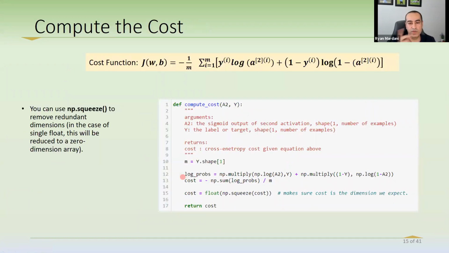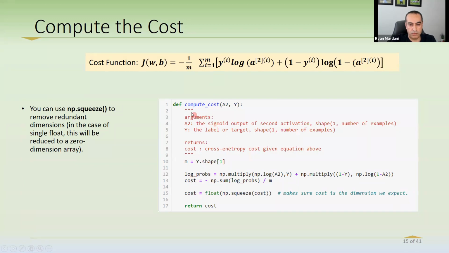After we went to the right, we need to compute the cost, because we want to know how different our prediction and the real data are. It is the same equation, but here we have 2 layers, 1 hidden layer and 1 output layer. The output layer's result is going to be inside this one.